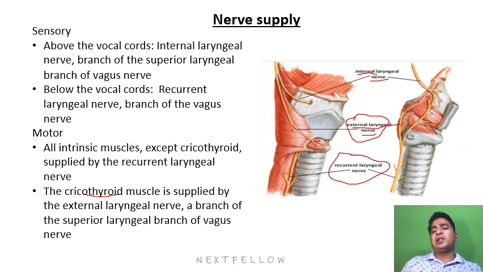So whenever there is a palsy of the recurrent laryngeal nerve, because of the retained function of the cricothyroid, the vocal cords will go into the adduction position. They will come closer. So what will happen? The airway will be blocked because the vocal cords are coming closer. So that's how any injury to the RLN is very dangerous.